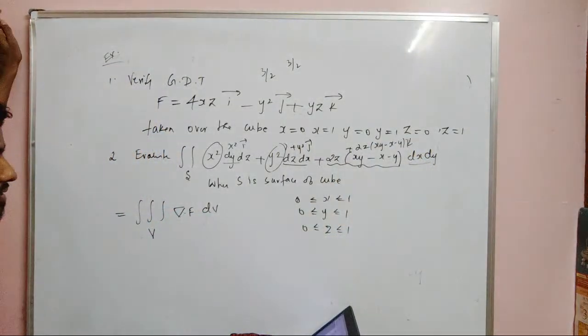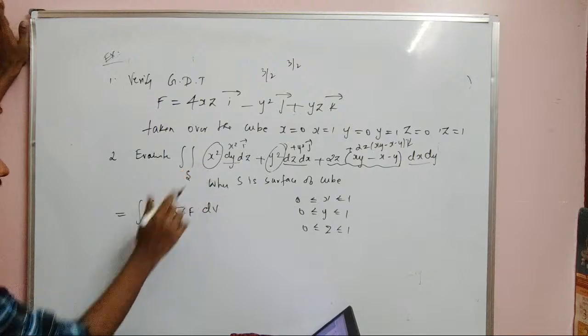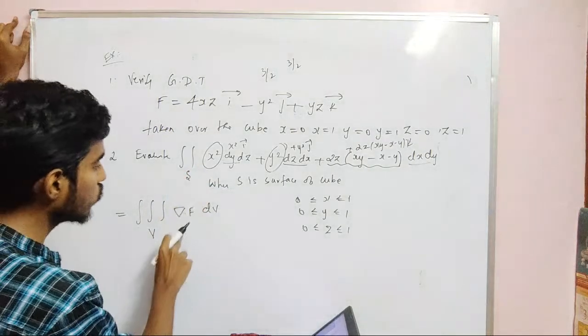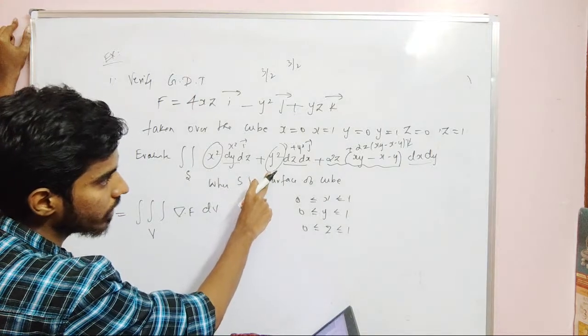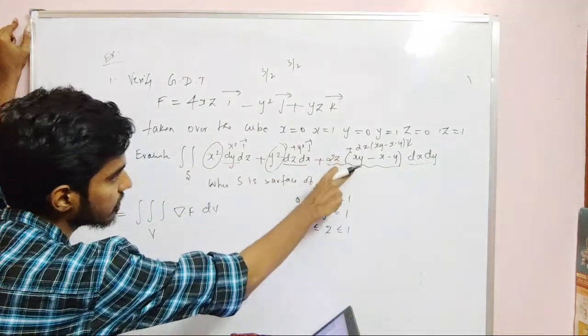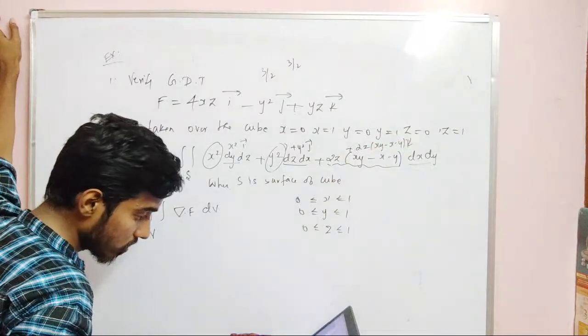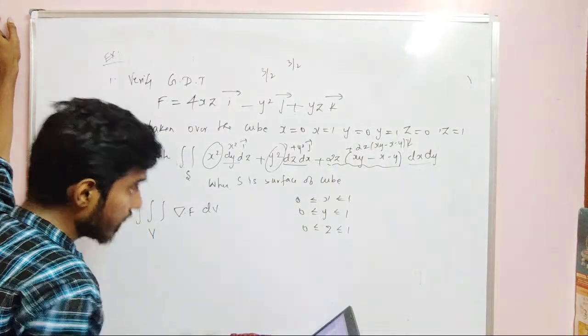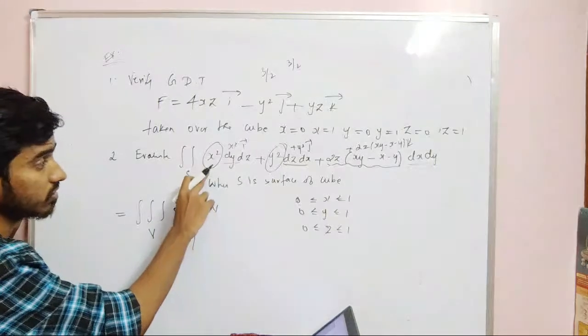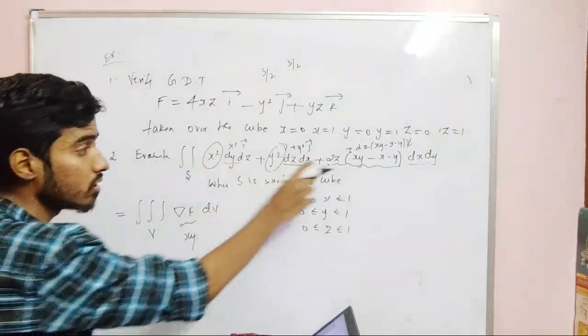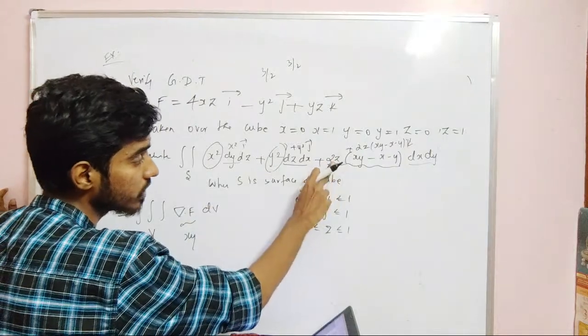So both are the same. In order to find this, you just find the divergence. The divergence will be 2x plus 2y plus xy minus x minus y, right. When you take the divergence, this will be 2x, this will be 2y, and this we differentiate with respect to z, so z will be 1.